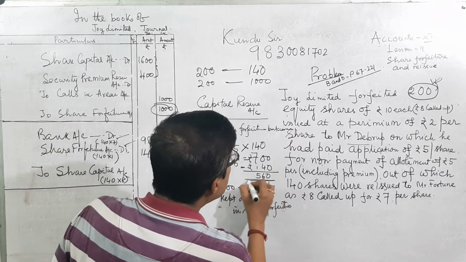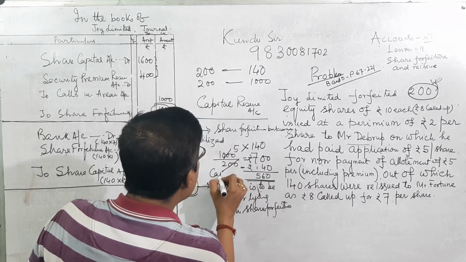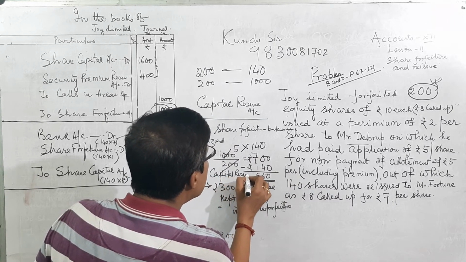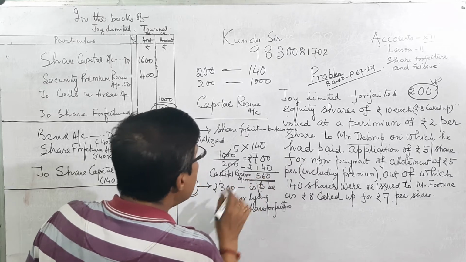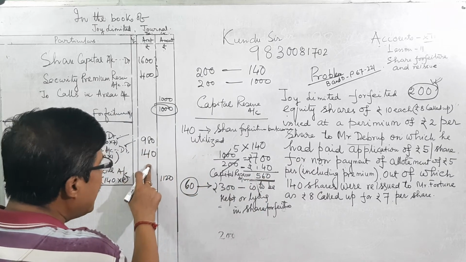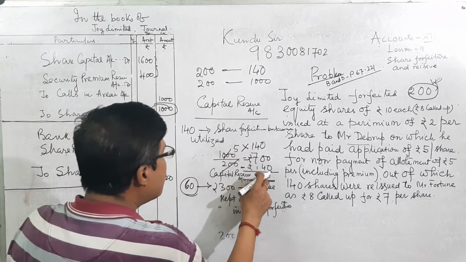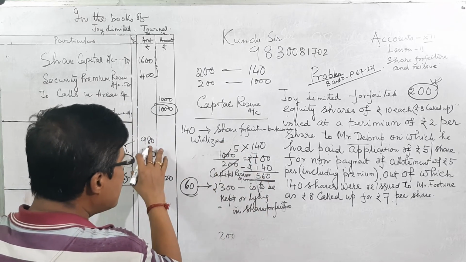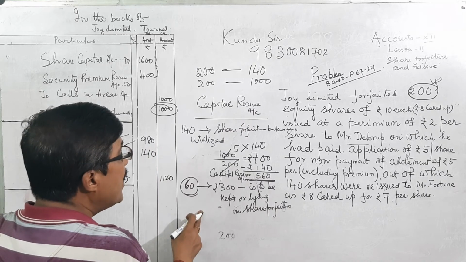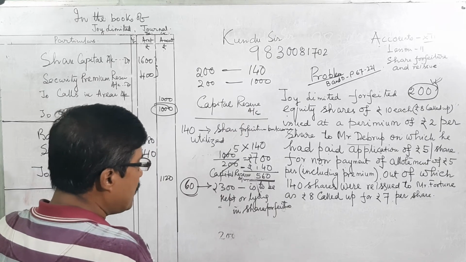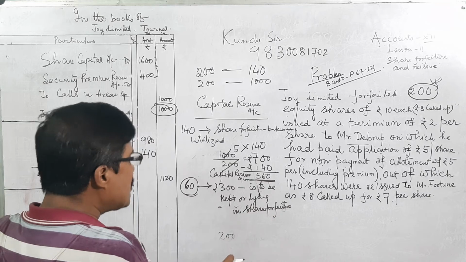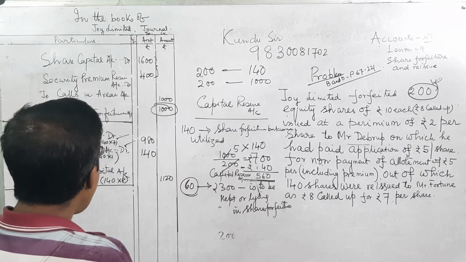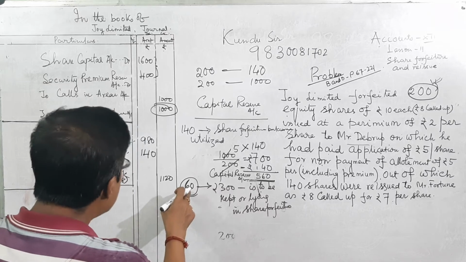We are transferring to capital reserve account, that means 140 plus 560, 700, it is utilized, and the rest 300 is still lying in the share forfeiture account, and the decision is to be taken regarding the amount after reissuing the balance shares.